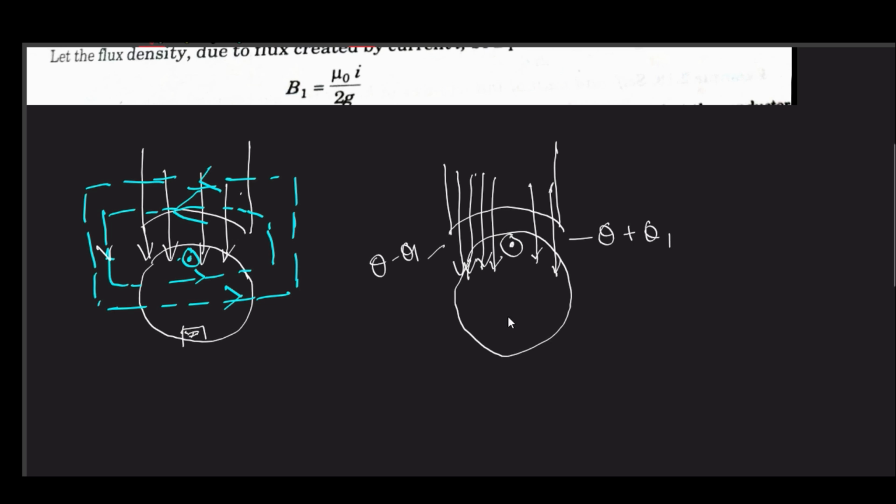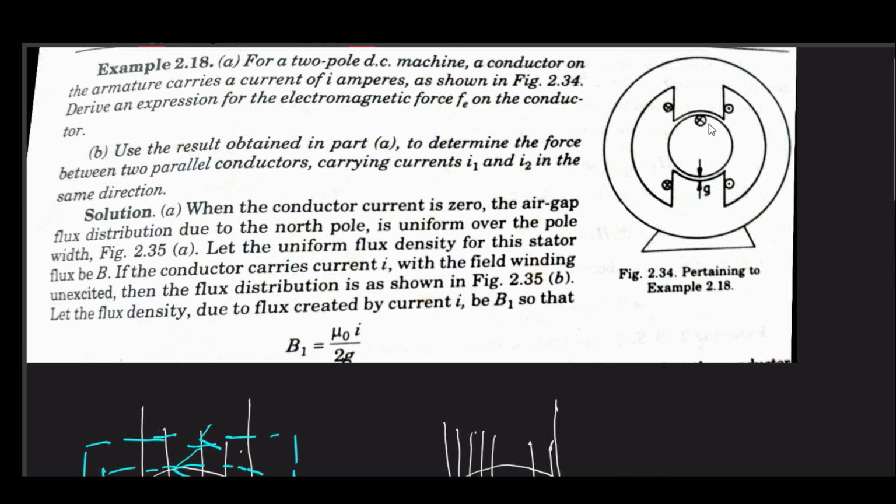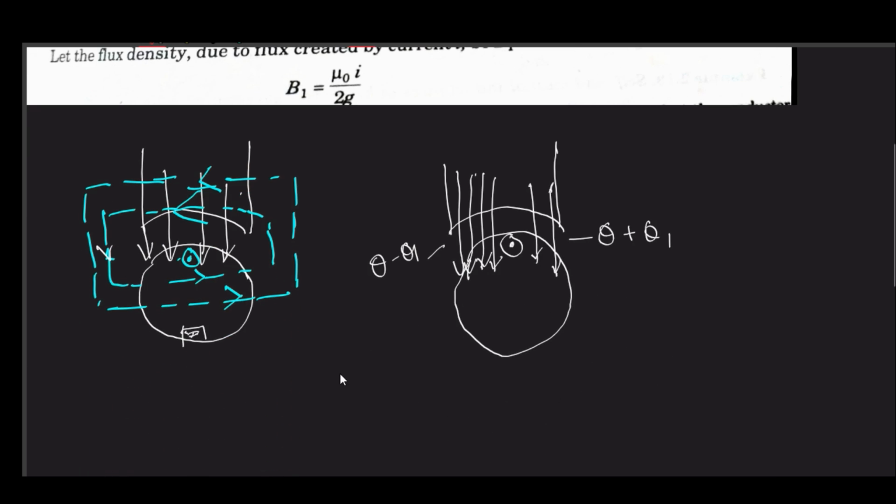Oh, I have made a mistake. They have shown it is cross. So just let us change it. If it is cross, what would happen to this direction? It will cause a reversal in the direction of the field, sorry, the direction of the armature mmf, right?